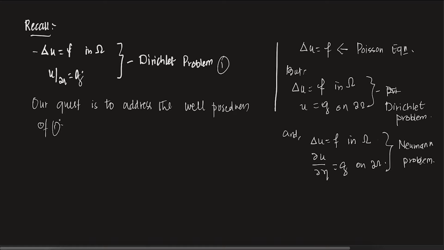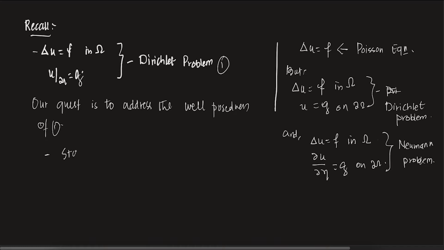In that respect, we saw that you can use the maximum principle to show that stability is there. So for a small change in the initial data, the solution changes a little bit.